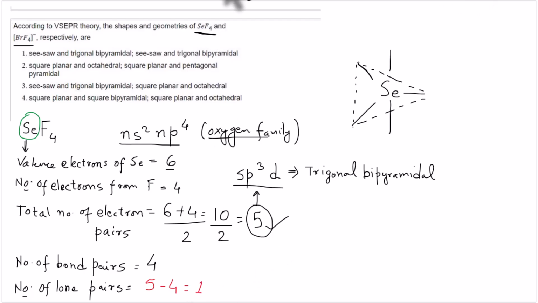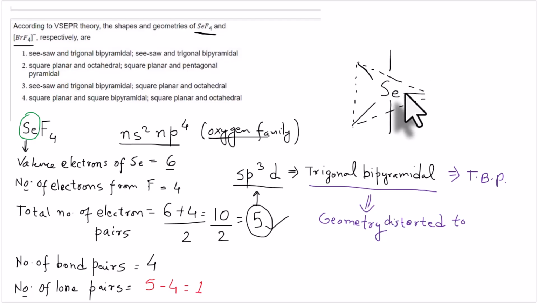And when there are lone pairs in the regular geometry, then the regular geometry gets distorted. In this case also the regular geometry is TBP geometry, but due to the single lone pair, this geometry actually gets distorted.